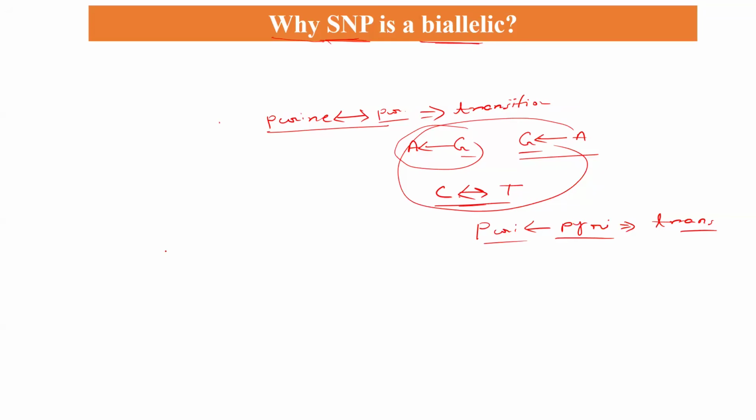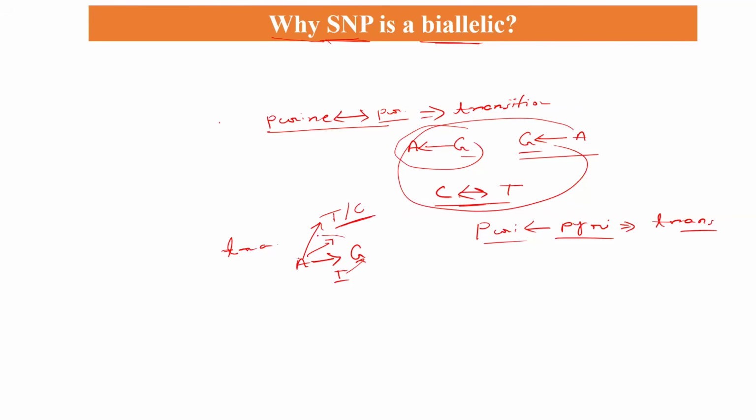But in mutation of genomic DNA, because of the DNA repair system or other factors that affect the DNA, transition is more common. Adenine is generally converted into G via inosine, because deamination of adenine produces inosine, and inosine is converted into G. But adenine directly to T or C is not possible.